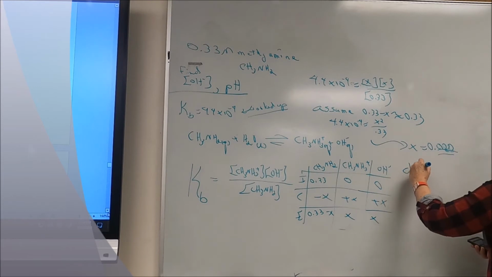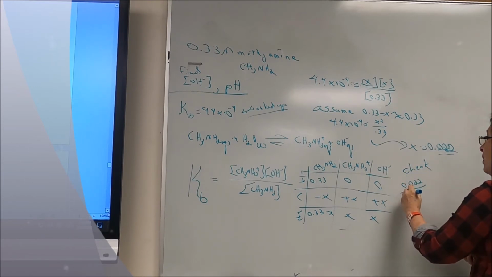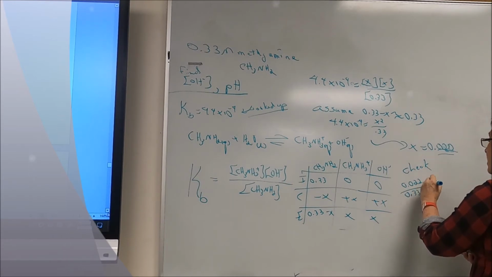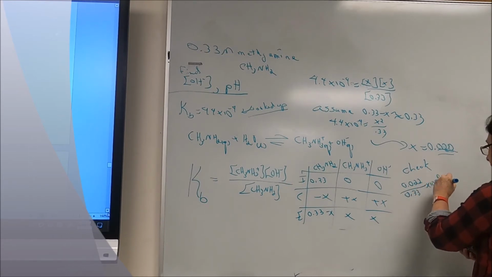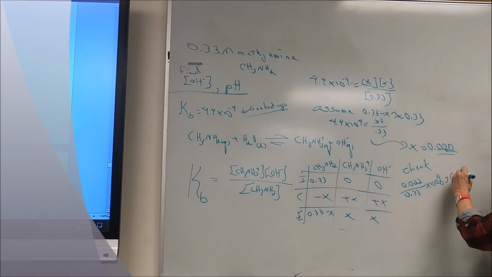Now I'm going to check. 0.022 divided by 0.33 times 100%. Ooh, I get 6.6%. When I get a percentage like that, it says you can't make the assumption.